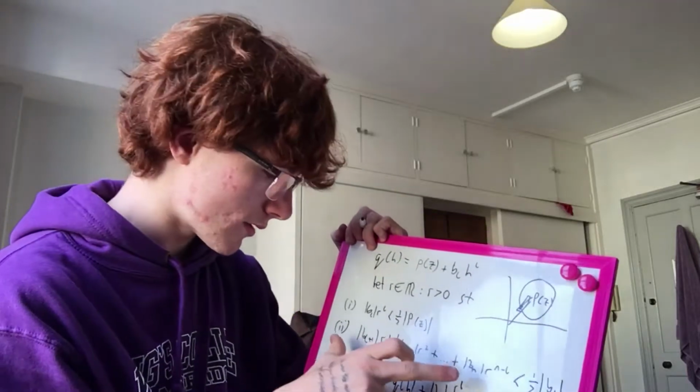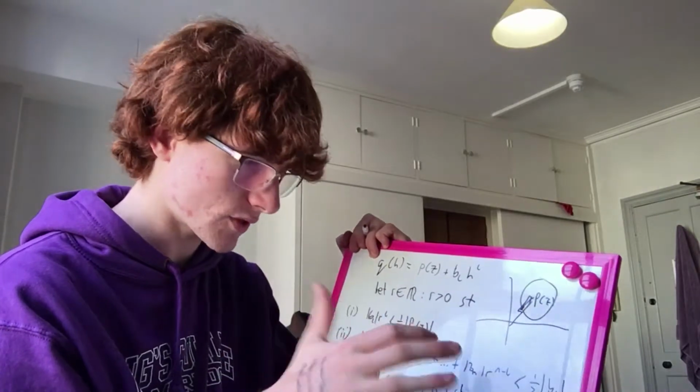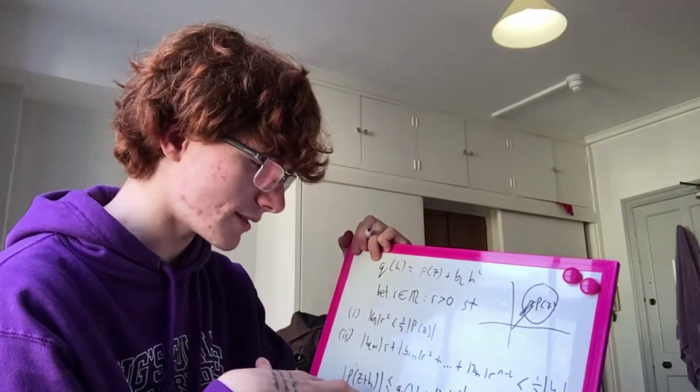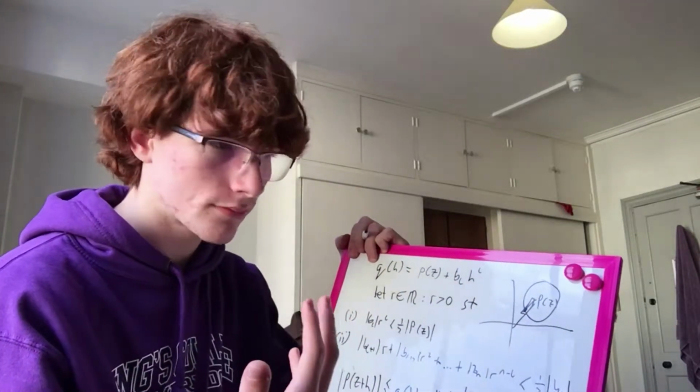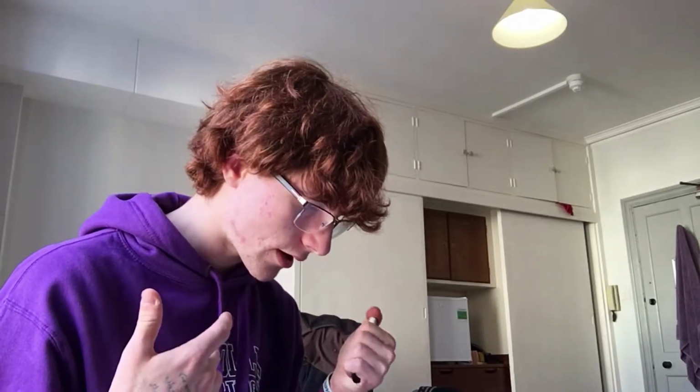And P of Z plus H is basically this segment, sort of. Q of H is this P of Z. So this argument here, the absolute value of B of L, R to the L divided by 2, is a value that you can construct that satisfies that equation, because that is by the second property.